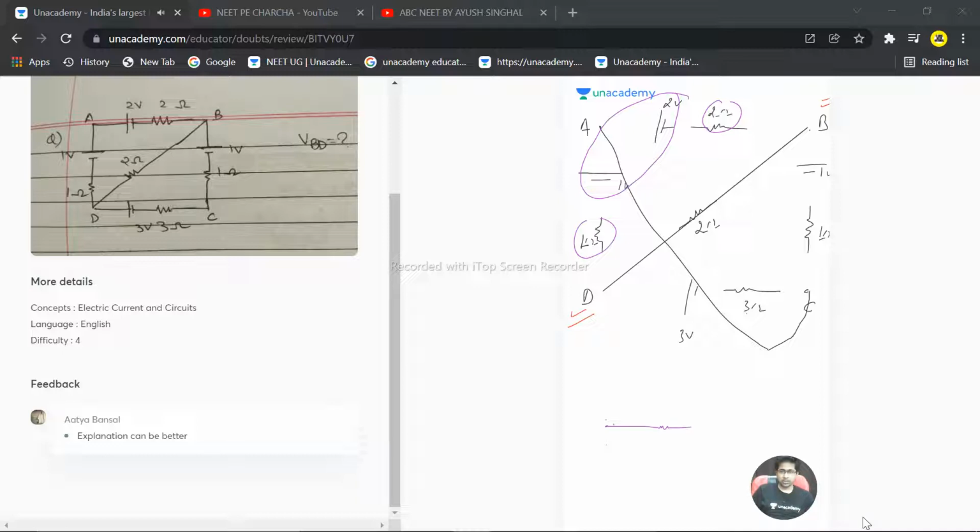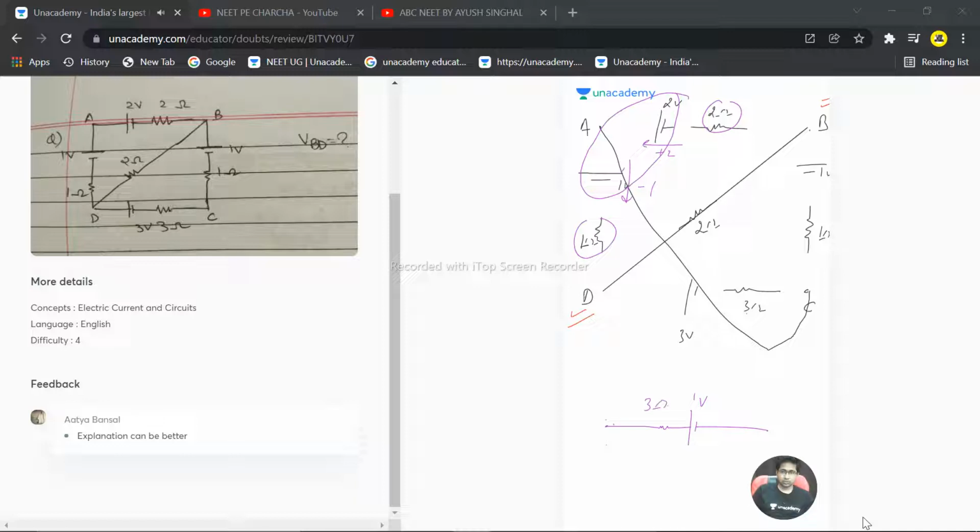So point B is connected here with the negative part. This is the battery we have, because if we go like this, this becomes +2 and this becomes -1. So this all over becomes -1 while going from B to D. And 2 and 1 become 3.